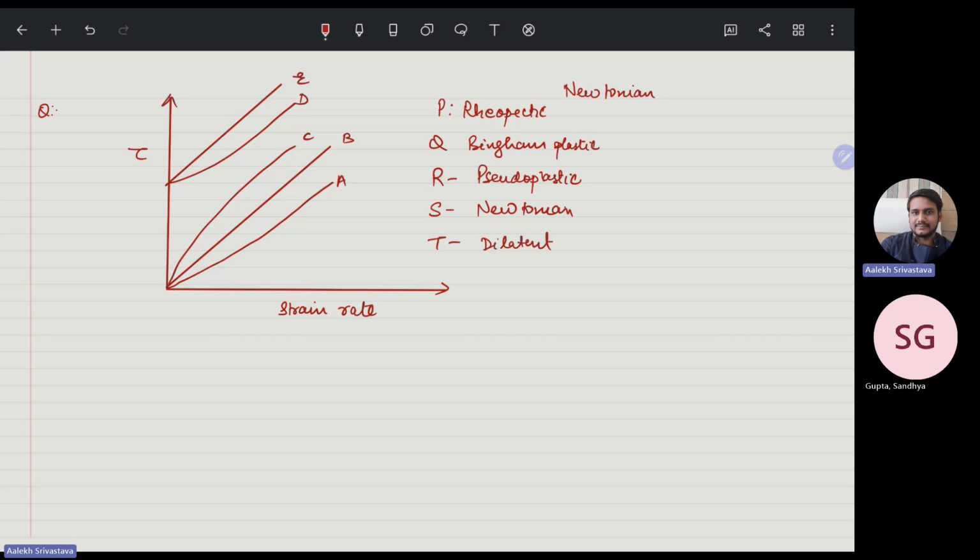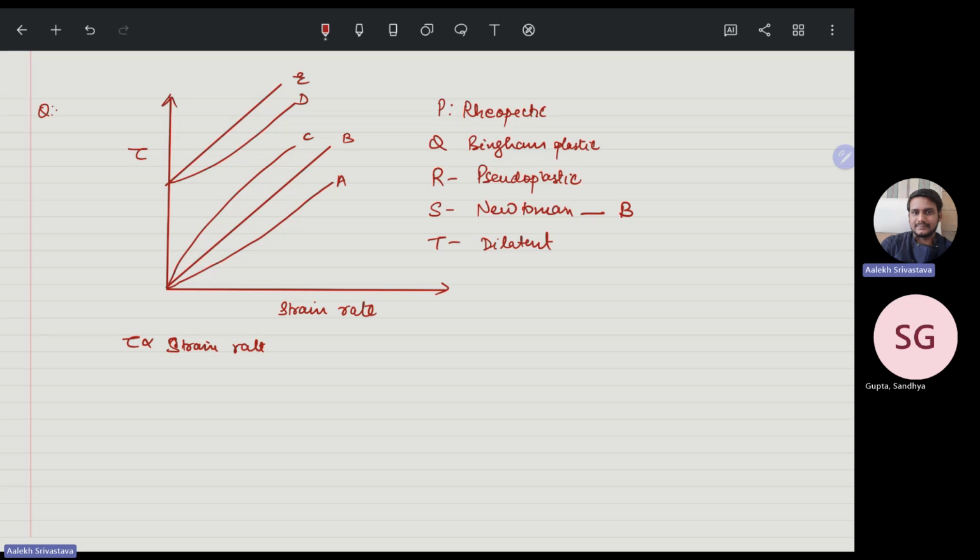And you need to match which of these are with each other. Like we all know, we have two classes of fluid, Newtonian and non-Newtonian. And in Newtonian fluid, our shear stress is directly proportional to the rate of shear strain or strain rate. So therefore, one option is that your B is your Newtonian fluid. So this is B, and what the rest are we need to identify.